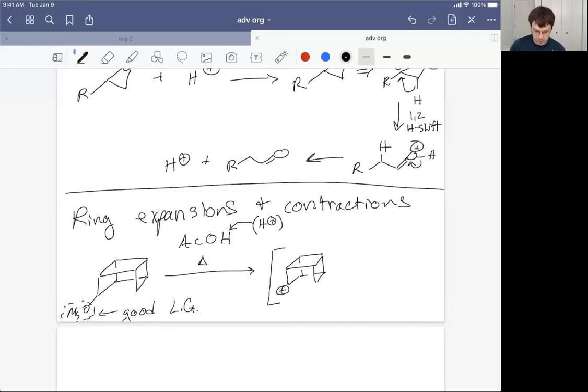And then what we can do is add acetate, AcO-, as a nucleophile at this position, right?